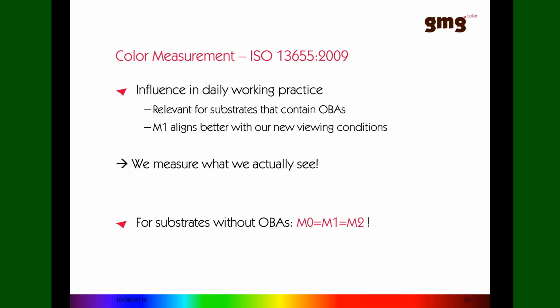So we measure now what we actually see under this norm light. If you have substrates without optical brightening agents, then it really doesn't matter if you measure M0, M1, or M2, because the result will be very close to one another. So the resulting measured LAB values will be very close.